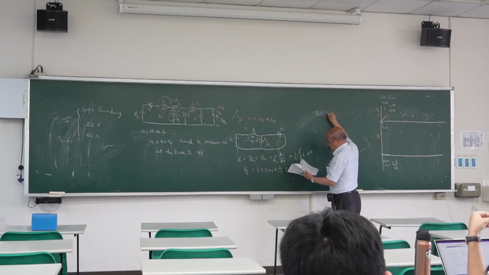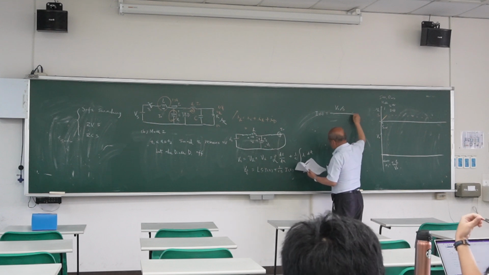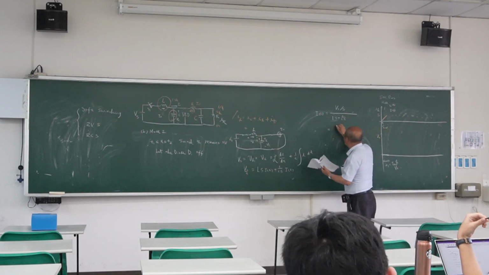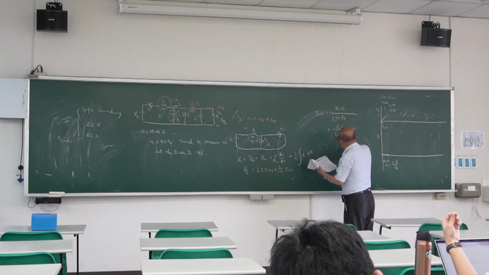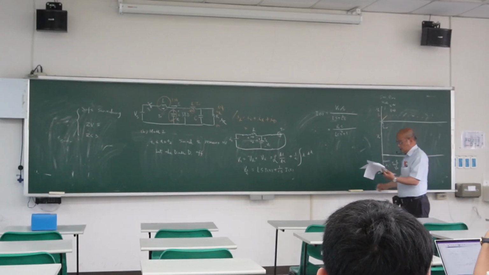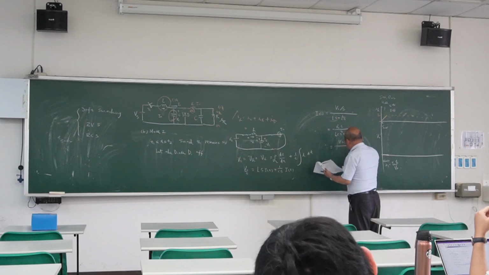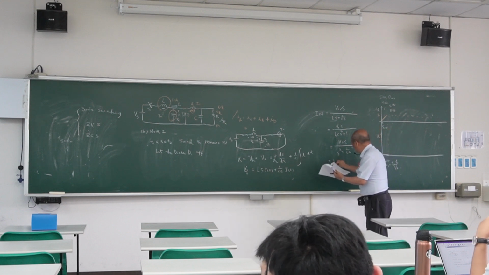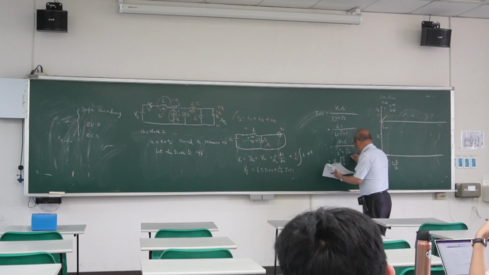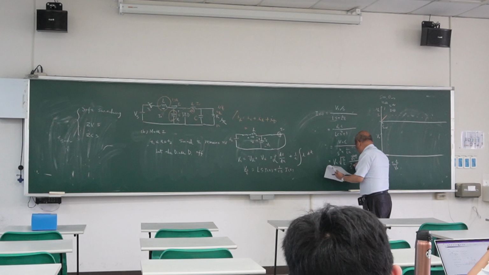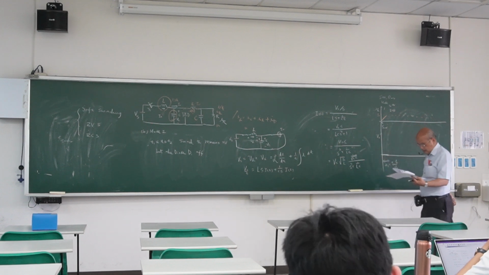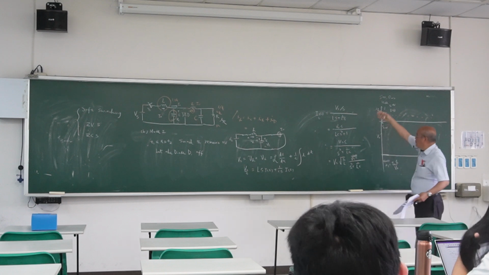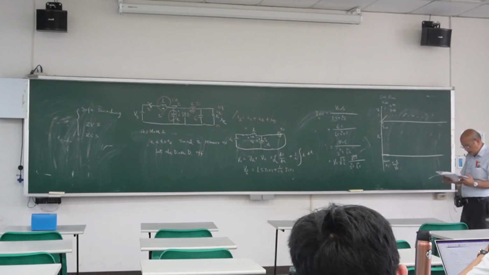So I(s) equals V(s) divided by L s plus 1 over C s. Okay, so it is Vs C over LC s squared plus 1. Then this is Vs over L, over s squared plus 1 over LC. So we can develop I(s). This I(s) is I_L(s). So we use the Laplace transform to develop I_L(s).